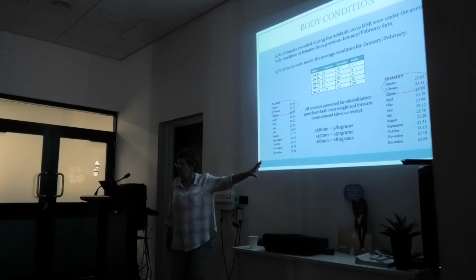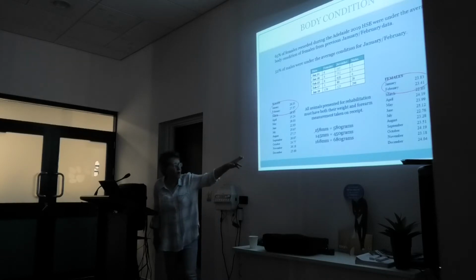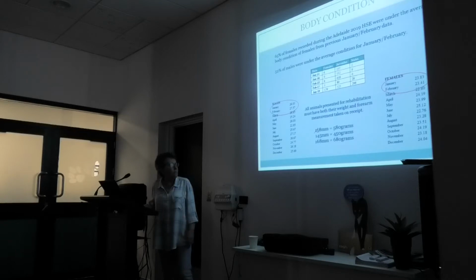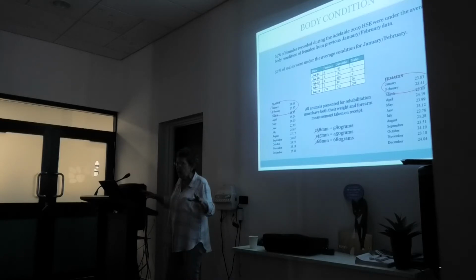That's an approximation. It just gives you a general idea of body condition. And so again, if you've got a 145 millimetre arm, then you're expecting the animal to be in the vicinity of 450. The adults can be a bit iffy, but it gives you a general idea.